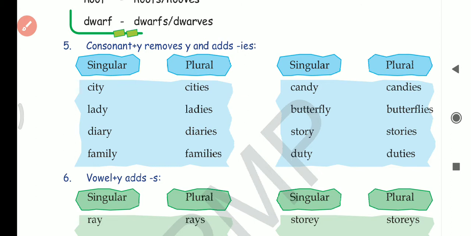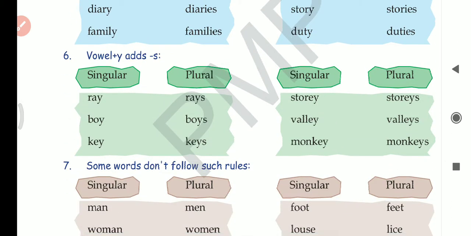Like example, city, cities, lady, ladies, diary, diaries, family, families. So this way, this rule can be implemented, or you can change the consonant nouns ending with y into plural ones.